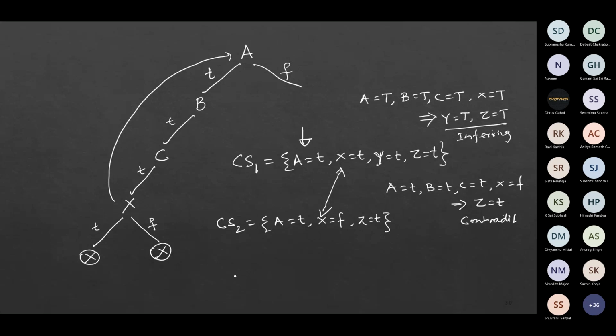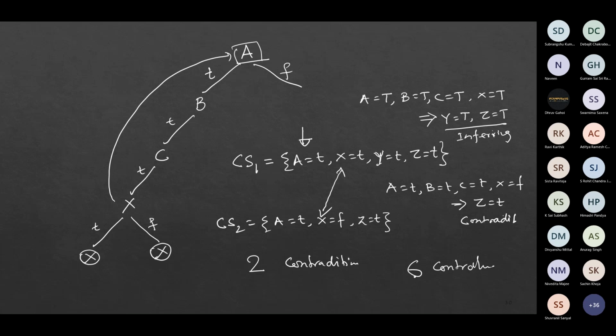And what we are gaining here, we see that we are encountering only two contradictions before we do this backtracking. And we know that A is the real culprit, right? This is in contrast with the DPLL algorithm, where we have got 6 contradictions before we realize that A is the culprit. So basically the idea is to find the real culprit.